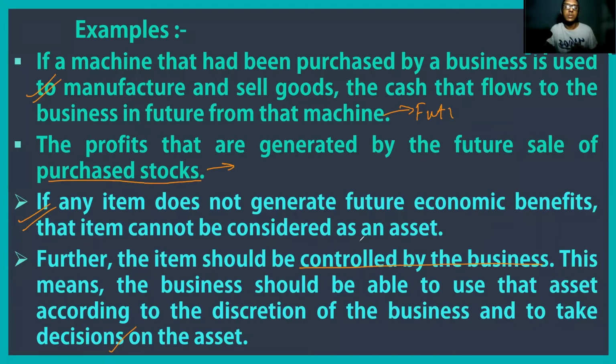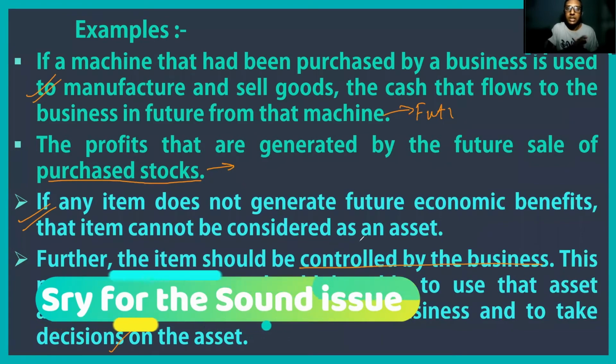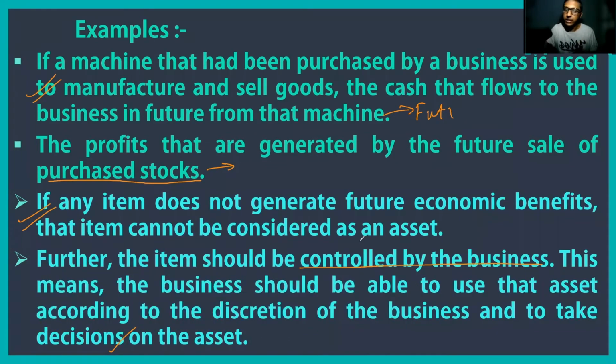So that specific motor vehicle cannot be considered as an asset of our business. Why? We can't control it, right? The only thing that we can do is use it for business purposes, but we can't resell it, we can't change the paint of it, right? Like that, we can't control. We can't take the control of the asset. So the best example would be that rented motor vehicle, rented building, like that.